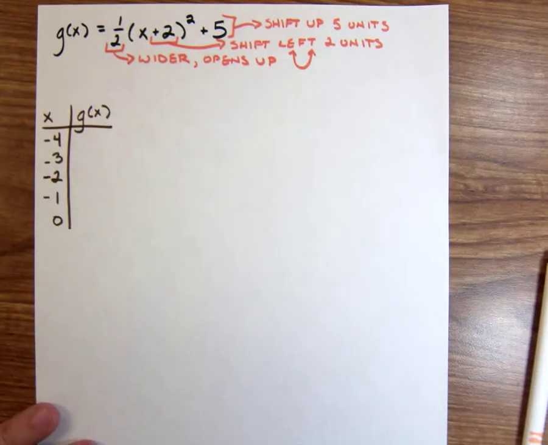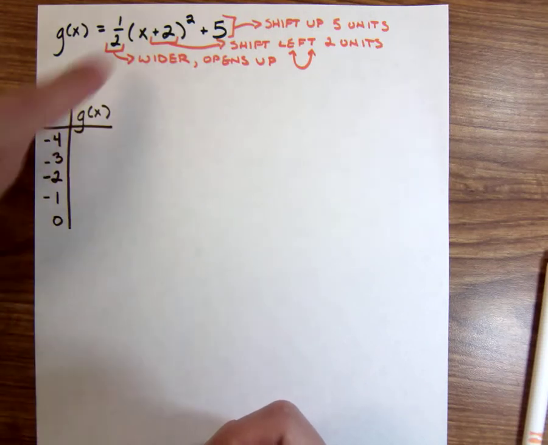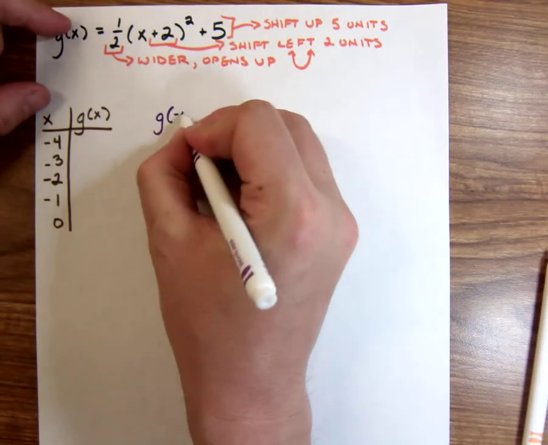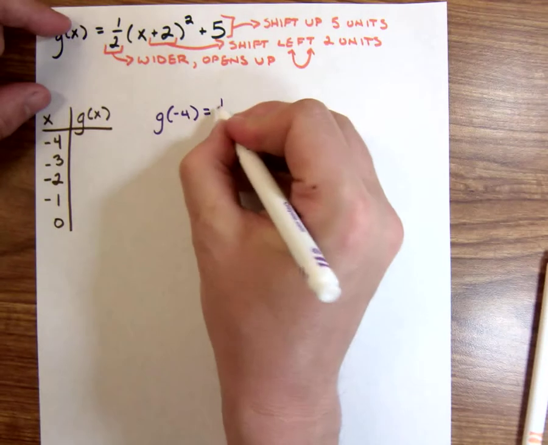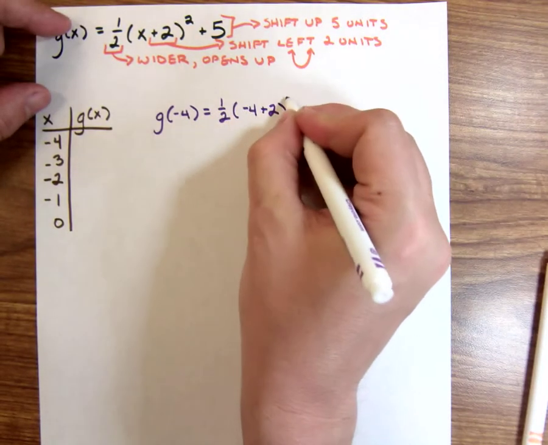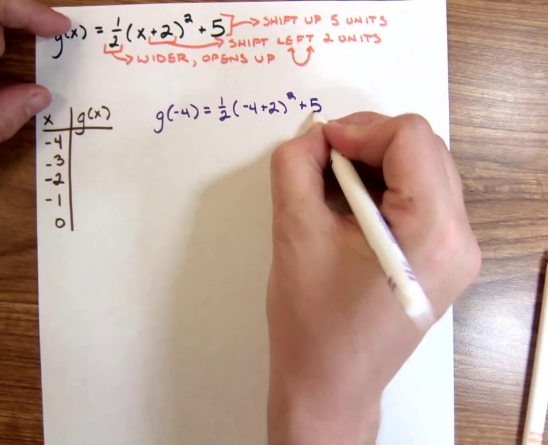I'm sorry to say the math here is going to be a little heavy duty because I don't think we're going to be able to do this one in our heads. I think we're going to have to write this one down, substituting it in. So the first one, -4: g of -4 is going to be 1/2 (-4 plus 2) squared plus 5.